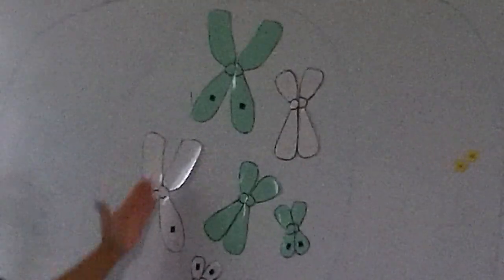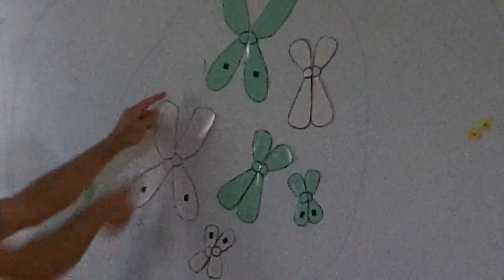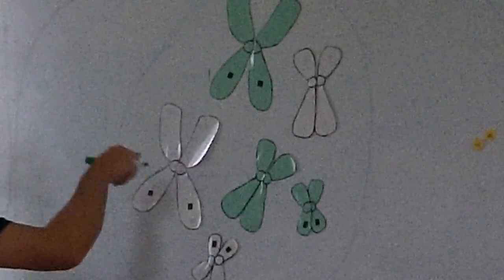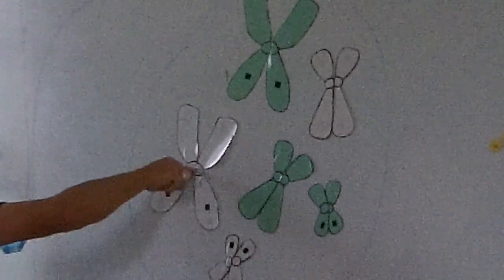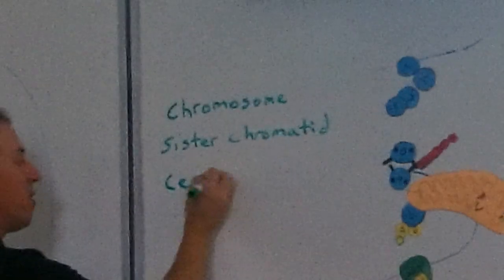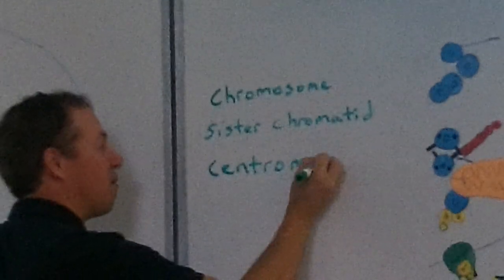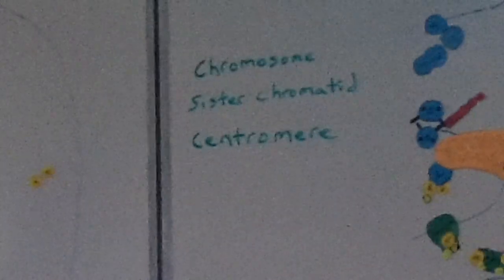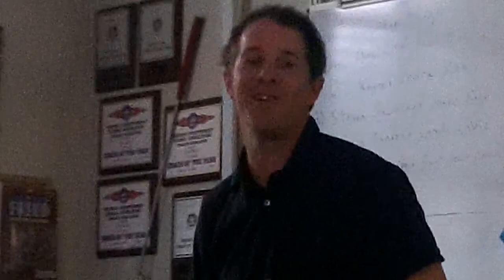But each one of them has two sister chromatids attached in the middle. The middle, where they attach together, has a name too. It's called the centromere. The unfortunate thing about all these words is that they all start with or have C in them. And it gets confusing because there's about 4 more words with C in them.